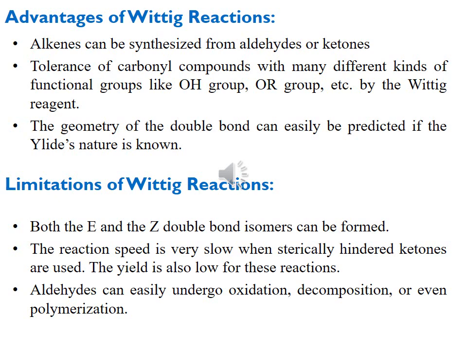Here are some advantages of using Wittig reaction for the preparation of alkene, and some limitations also. First, we talk about the advantages. Alkenes can be synthesized from aldehydes and ketones. And second, tolerance of carbonyl compounds with many different kinds of functional groups like OH, OR, etc. by the Wittig reagent. Wittig reagent means phosphorus ylide.